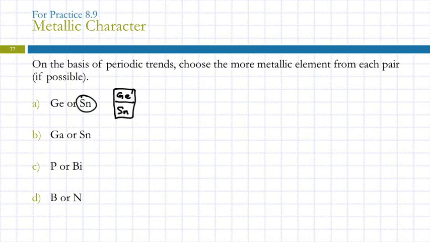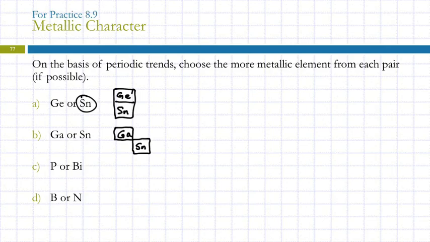How about gallium or tin? So now we're looking at diagonal. The trends going across become less metallic, going down become more metallic.